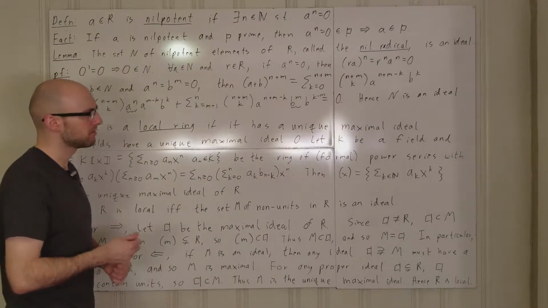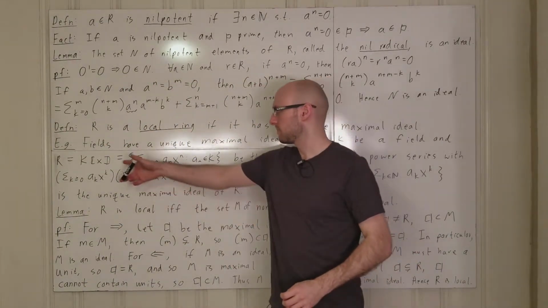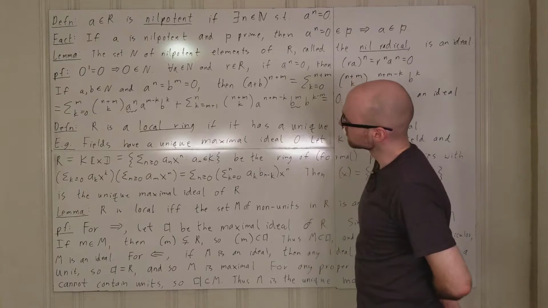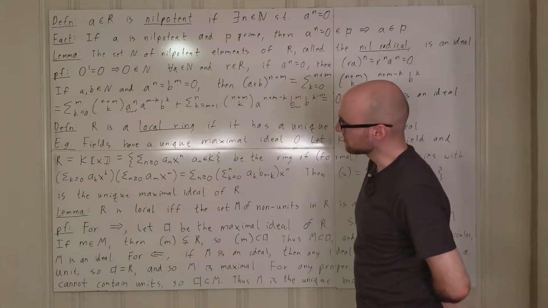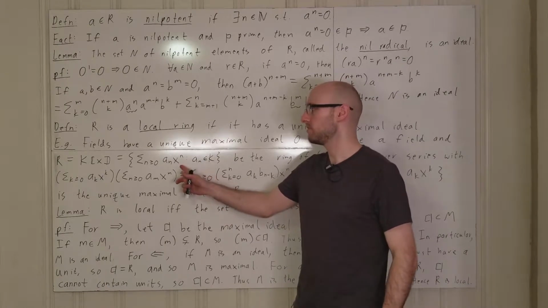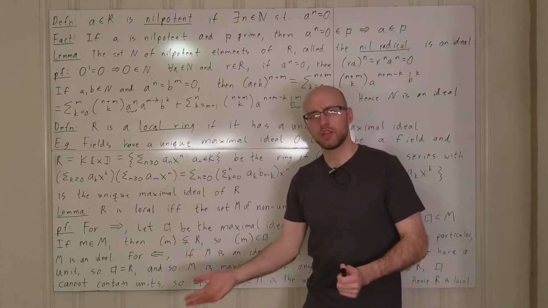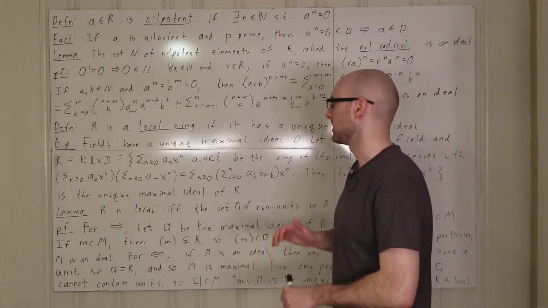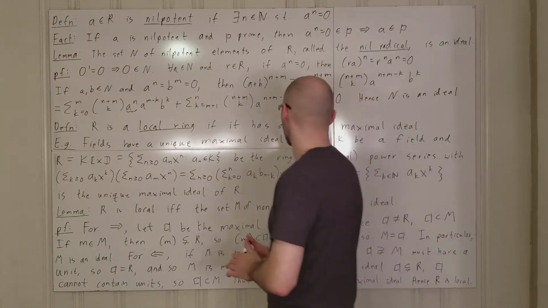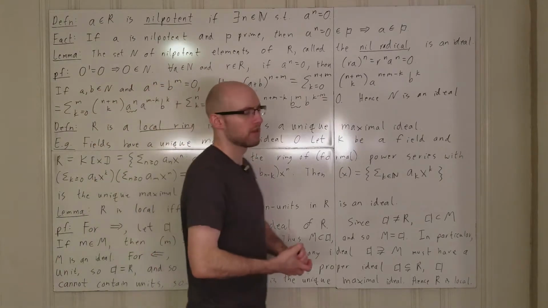For another example, we let K be a field, and we consider this thing. It's like a polynomial ring, but instead of taking finitely many powers, we take infinitely many. So this is basically just like the power series that you'll see in real analysis or complex analysis, and we call it the ring of formal power series.